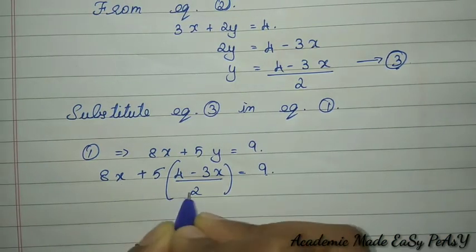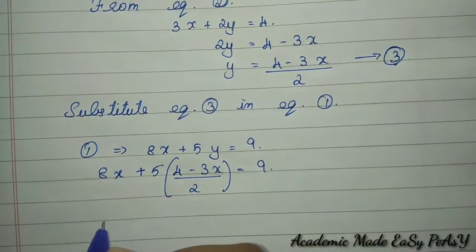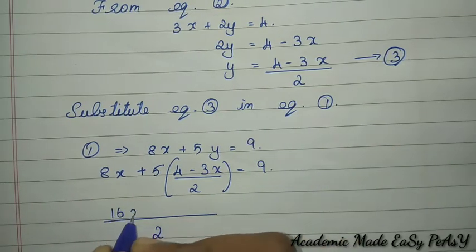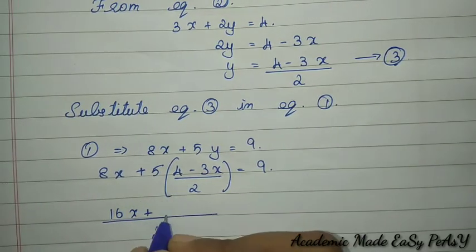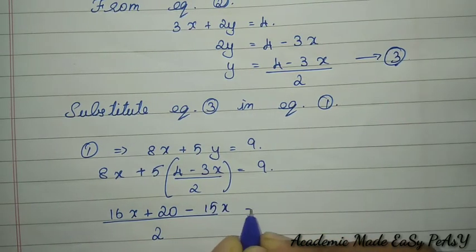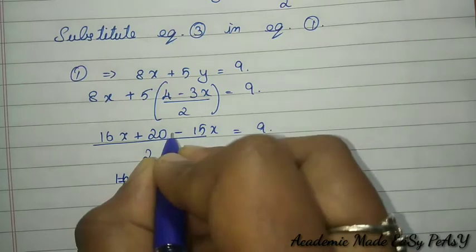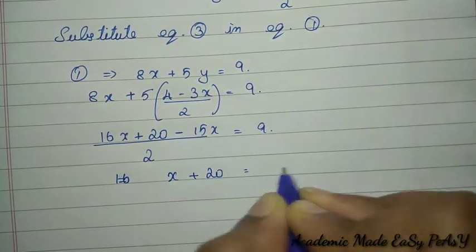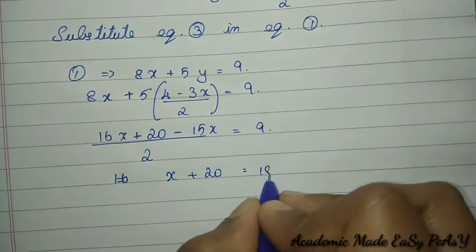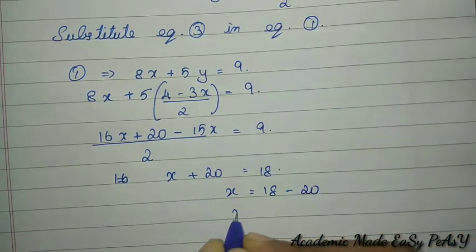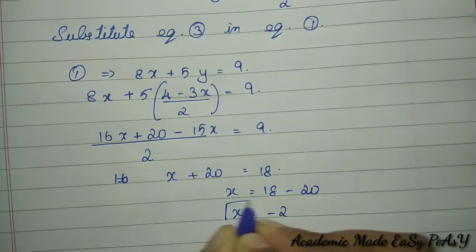I will be taking the LCM, which is 2, and multiplying inside. So 2 8s are 16x plus 20 minus 15x is equal to 18. So 16x minus 15x is x, plus 20 is equal to 2 9s are 18. So x is equal to 18 minus 20. So x is equal to minus 2.